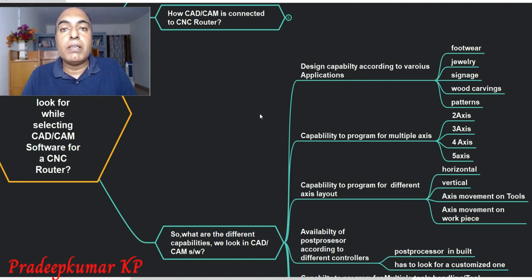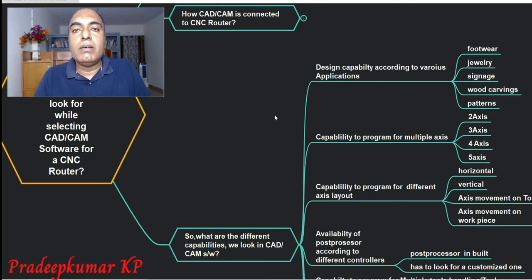For pattern making, you may have to go for some high-end software, since the engineering aspect is greater. So it depends upon the different kinds of application. There is some specialized software available. Even if you don't have the specialized software, you can still make it. The ideal thing is that if you have software more specialized to design a particular thing, you can use that CAD software.